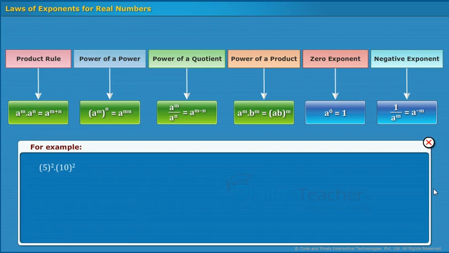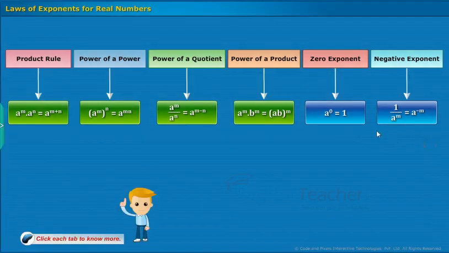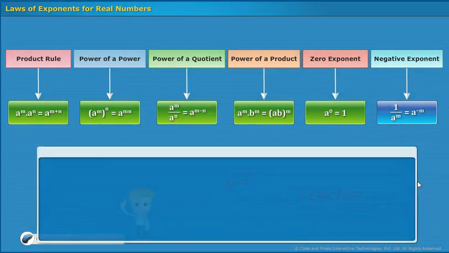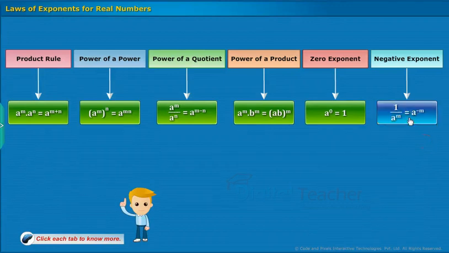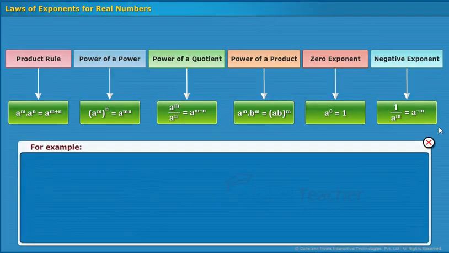As powers are the same, it can be written as (5 × 10)^2, that is equal to 50^2. For example, 3^0 is equal to 1. For example, let us consider 1/2^3, which is equal to 2^(-3).